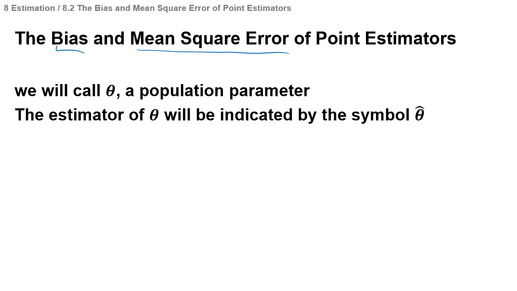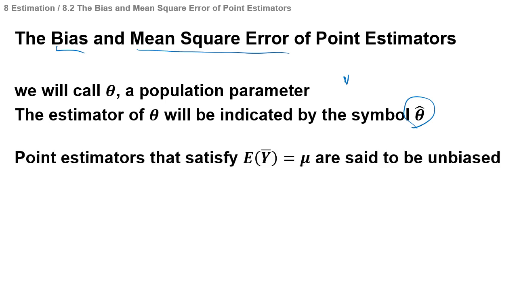Here is just a notation. We will call theta a population parameter, and the estimator of theta will be indicated by the symbol theta hat. This is just notation. A point estimator that satisfies the expected value of the estimator theta hat equals theta is an example of an unbiased estimator.